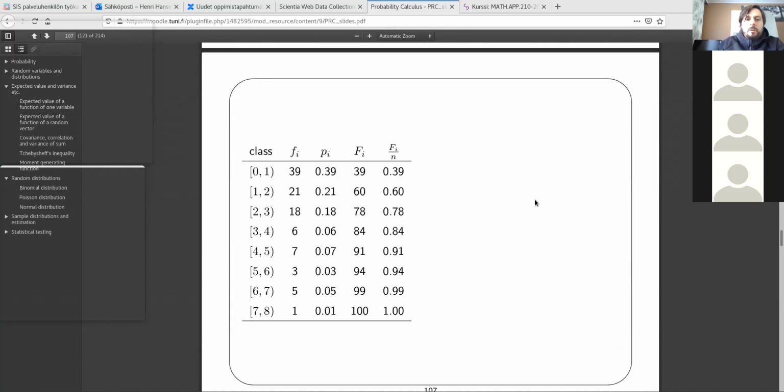So we notice that 39 of these 100 components were replaced within the first year, 21 in the second year, 18 during the third year, 6 in the fourth, 7 in the fifth, 3 in the sixth, and only 1 managed to survive until the eighth year.